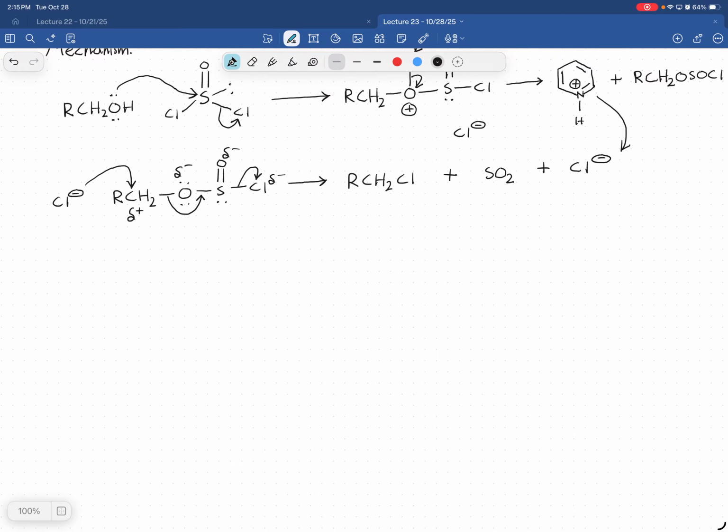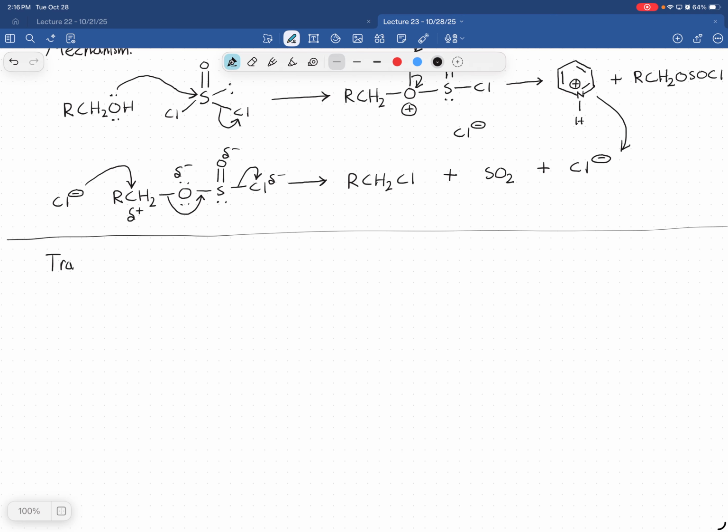Now let's talk about secondary. Tertiary we don't usually worry about, because you can pretty much do that already with just regular old acid.